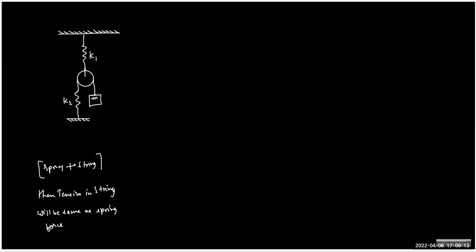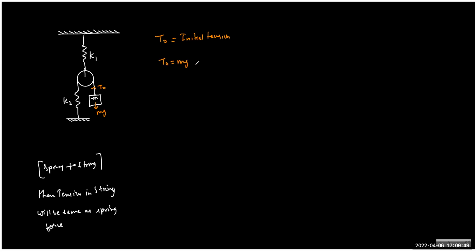Is this clear? Yes. Now, we know that the same tension will be available throughout the string. So the spring force will exactly be equal to the tension developed. If I say T naught is the initial tension, I'm just trying to show you something more detailed. If I draw the FBD, then T naught equals mg.